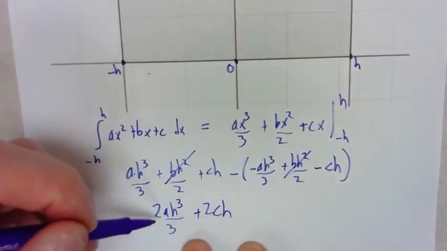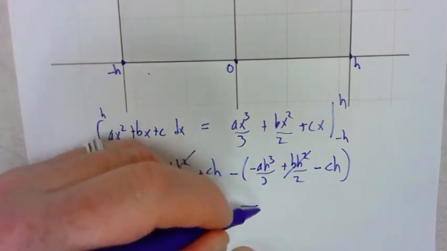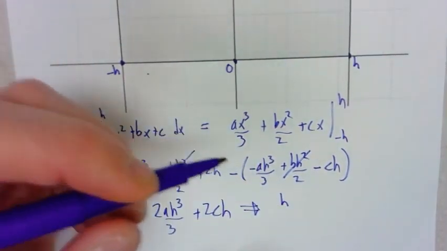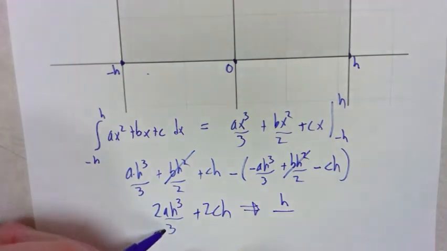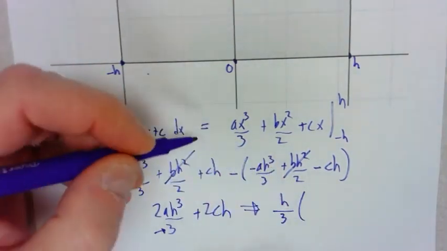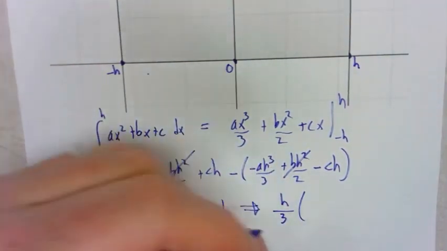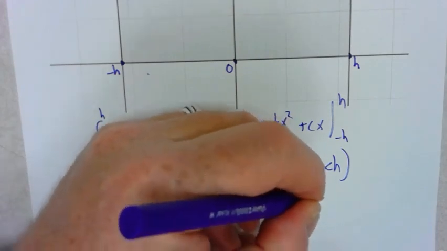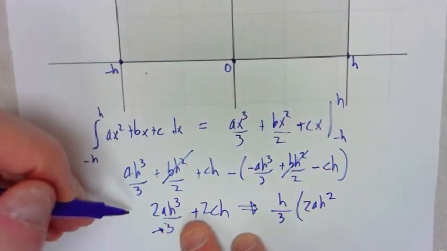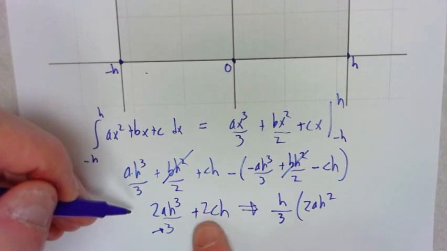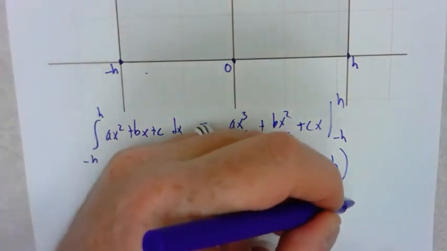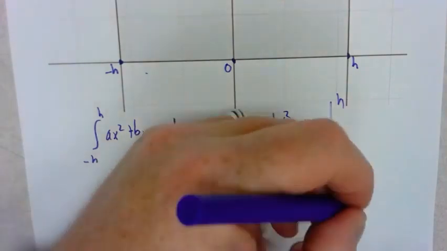There is some stuff in common here. So let's factor out an h, but let's also factor out this 3. If we take one of the h's out and this 3, we'd have 2ah squared left here. If we divide 3 out of 2, we would actually have 6. The h is gone, c.